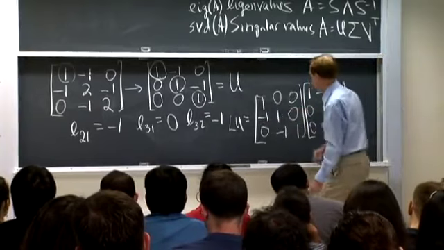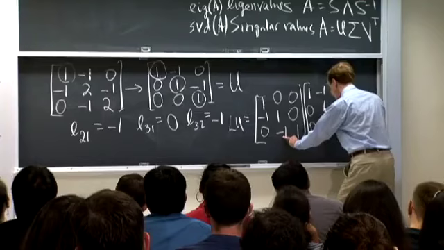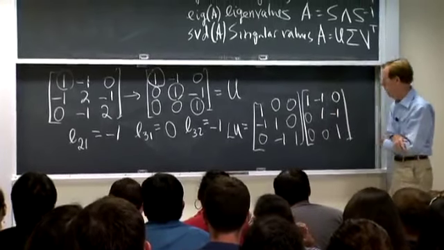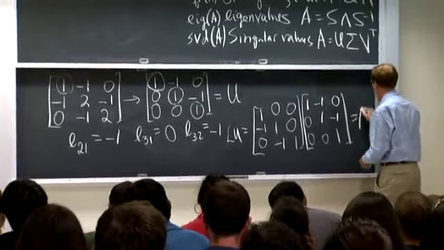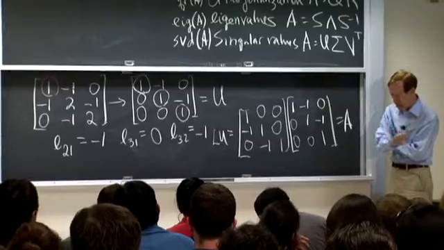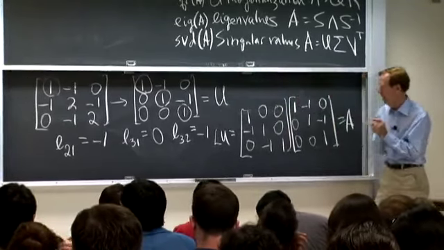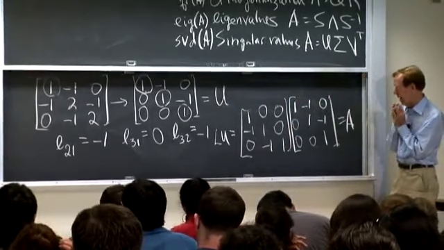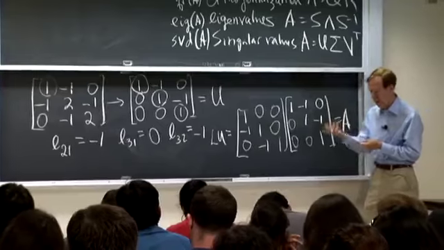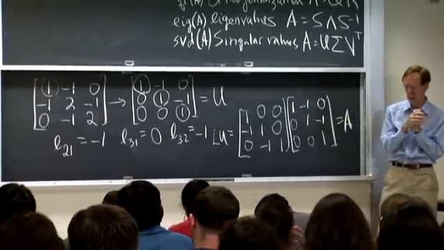And sure enough, it's the right part of A. And this is minus 1 of the second row plus 1 of the third row. And sure enough, it's the right third row of A. I get A. And that's what happens when elimination goes through with no 0 pivots, no problems, just a bunch of multipliers: that wonderful description, A equals LU, is correct.